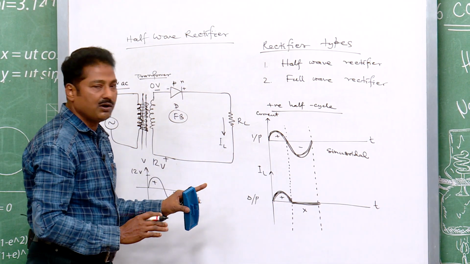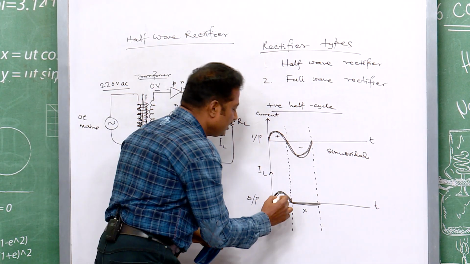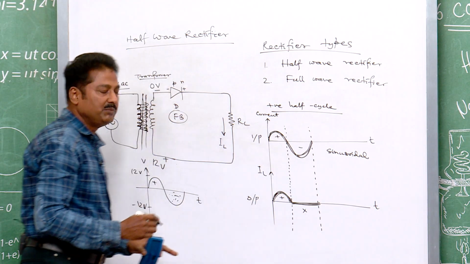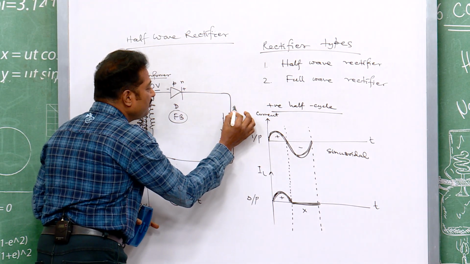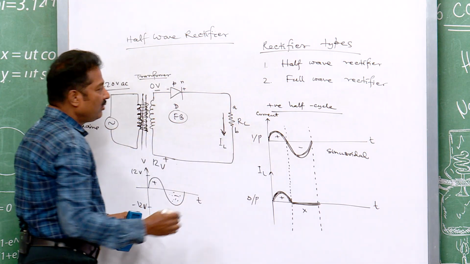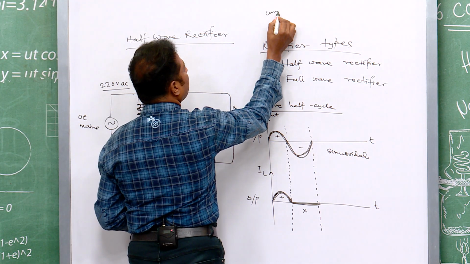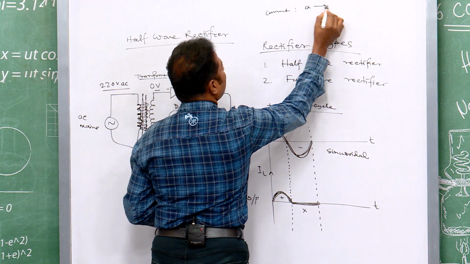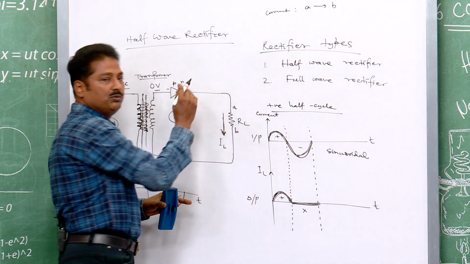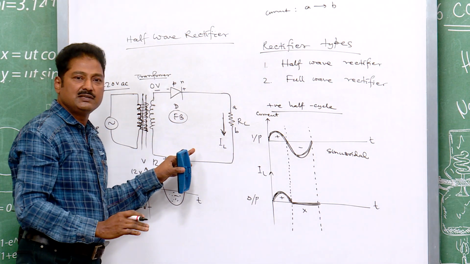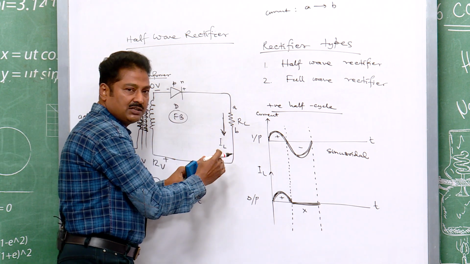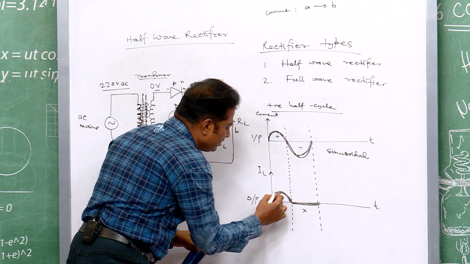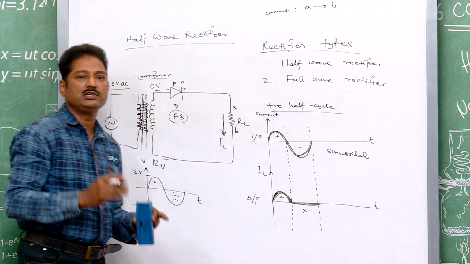So, this is how we get the unidirectional property, because whenever the current is flowing, it is flowing from A to B, always from A to B, not from B to A, because reverse bias is silent. So, always from A to B it is unidirectional. Now, I get the current output is unidirectional.